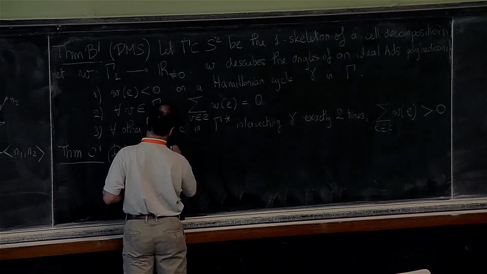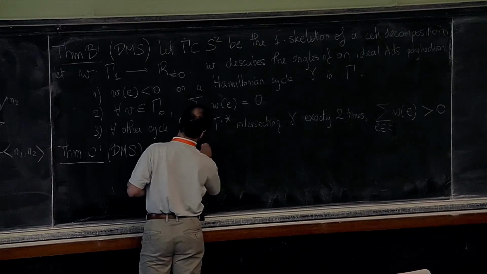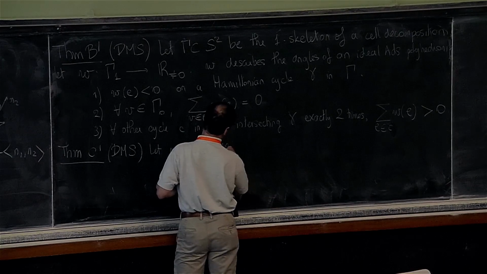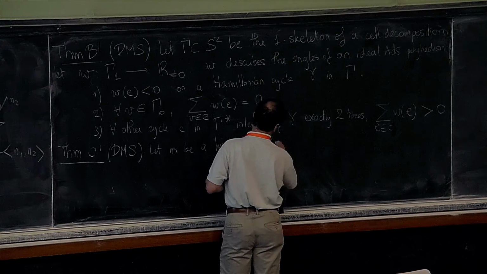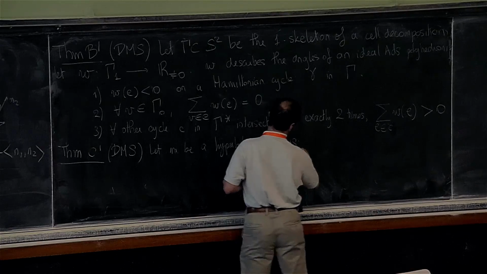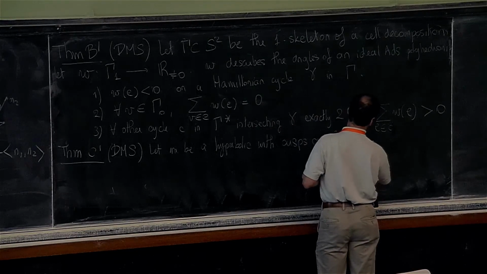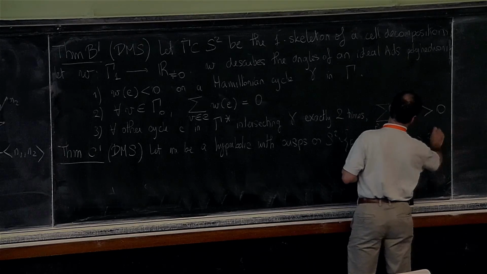So the statement is that if M is a complete hyperbolic metric with cusps on S2 minus a certain number of points, P1 up to Pn, with n at least equal to 3.